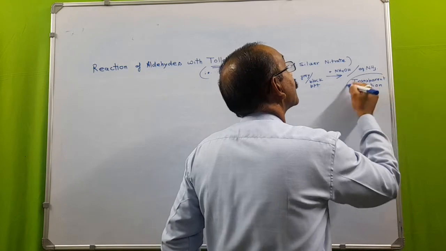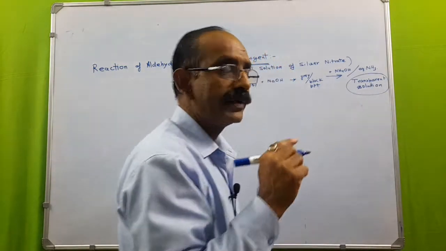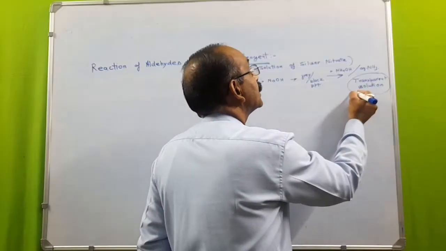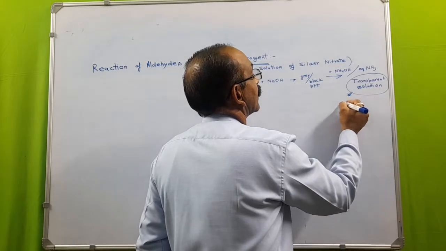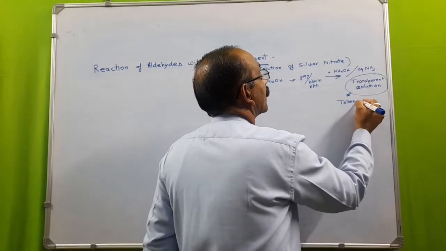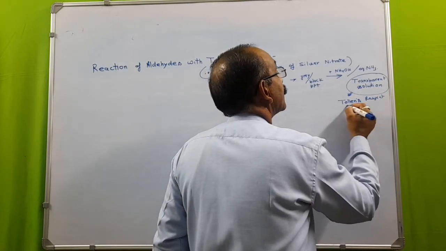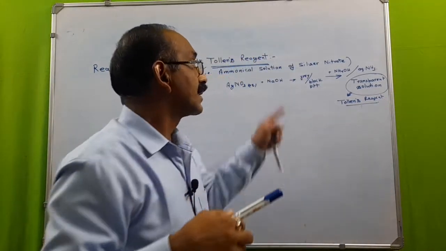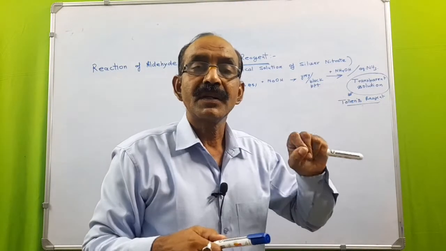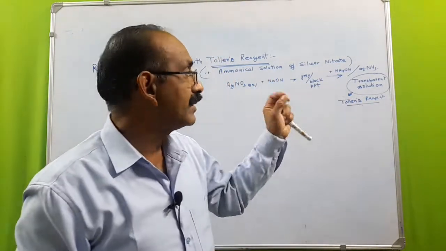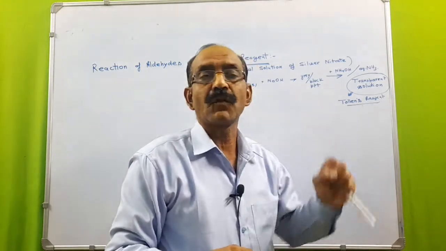So this transparent solution obtained after adding the NH4OH, this is Tollen's reagent. See, here the precipitate gets dissolved because one complex is formed here.